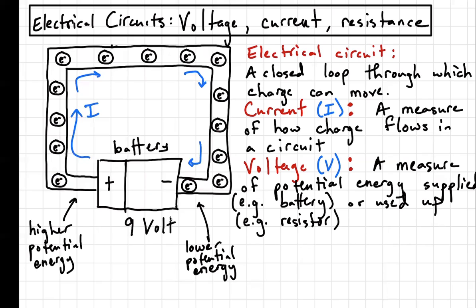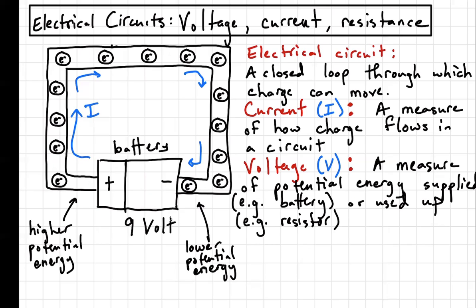So current is defined to be how positive charge is moving, which in this case is opposite to the way the negative charges are moving, which is a bit confusing. But we have Ben Franklin to thank for that, because he didn't know that there were electrons when he defined how this worked.